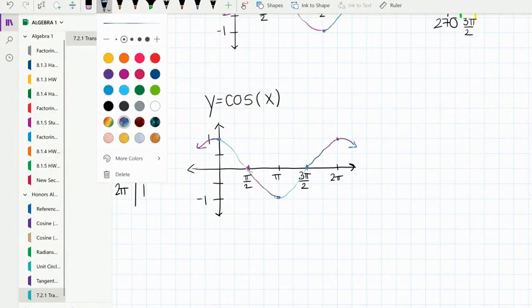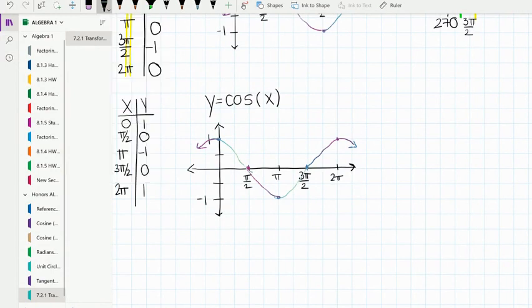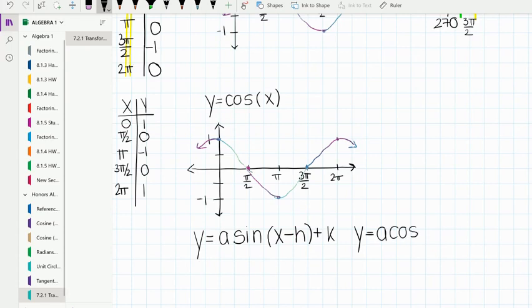Okay, so we're going to do a few examples here. And just as a refresher as well, because we did this before we left, the general equation is going to look something like this, and it's going to be the same for sine and cosine. So y equals a cosine(x minus h) plus k, and a is going to represent your amplitude or the vertical stretch, which is going to be the height above the midline.